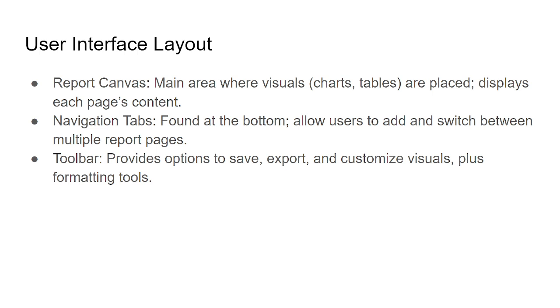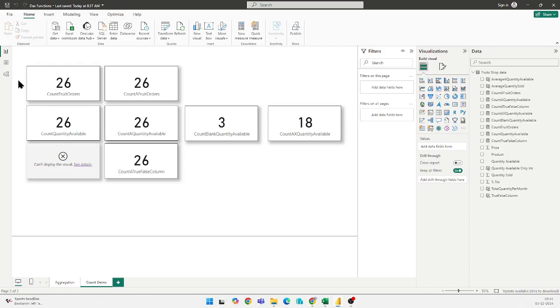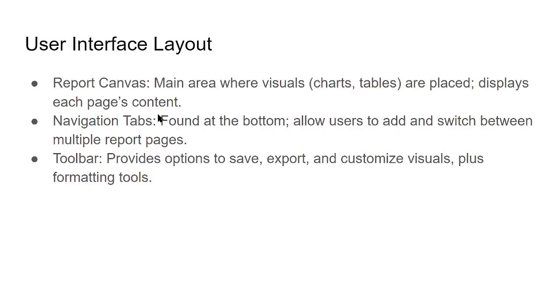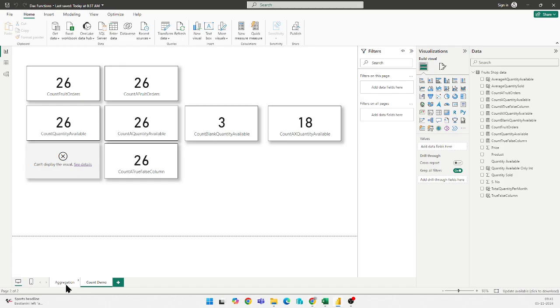So there are different parts of it. We have the report area, which is the main area where visual charts are placed. So this particular thing, which we are seeing in this color, is the canvas. The navigation tab found at the bottom allows users to switch between multiple report pages. So we can create different report pages. So these are the different report pages.